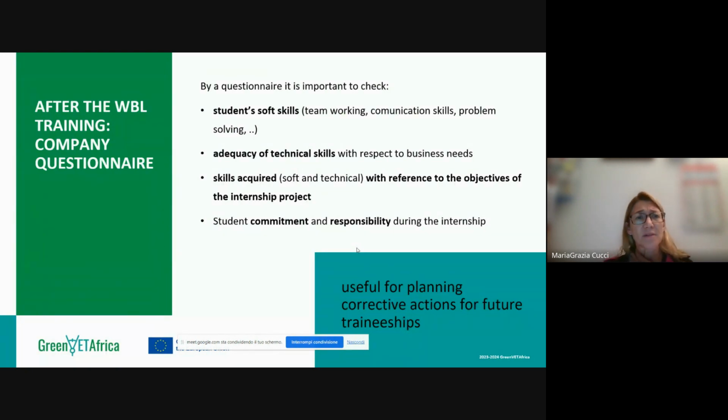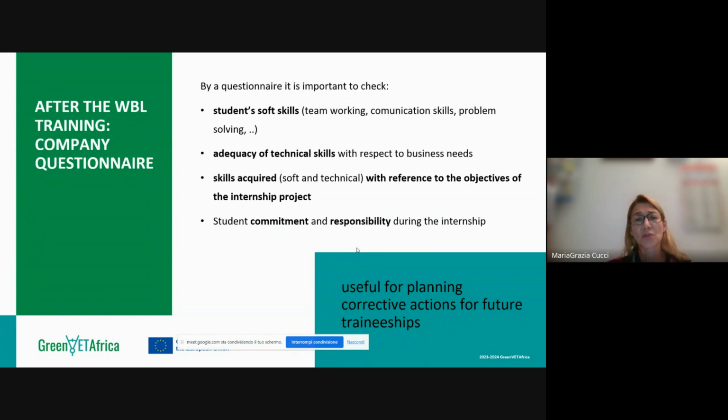Then another important thing to check with the company tutor are the acquired skills, the soft and technical skills, starting from what we stated to be important, the goals of the project.